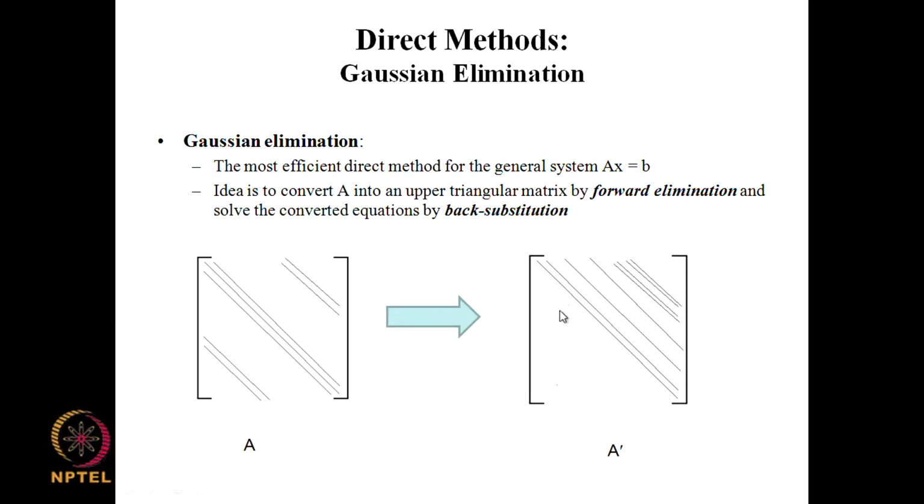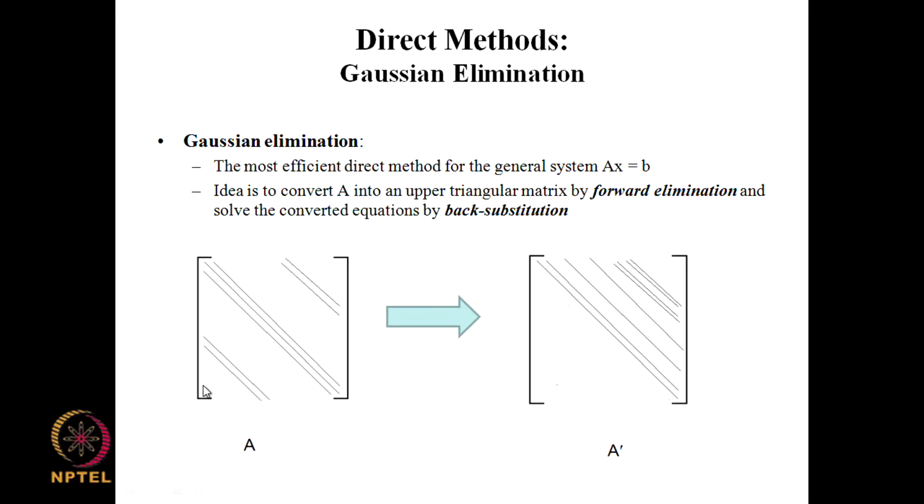Each row here corresponds to an equation: a11 x1 plus a12 x2 plus a13 x3 and so on equal to b1, then a21 x1 plus a22 x2 plus a23 x3 and so on equal to b2, and like that we have the equations.